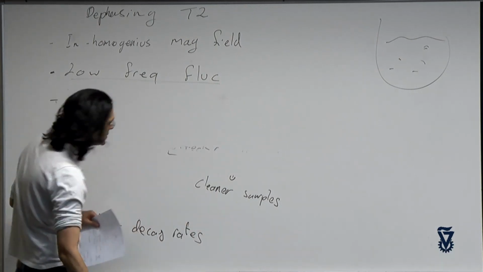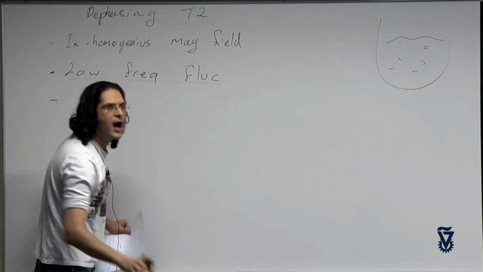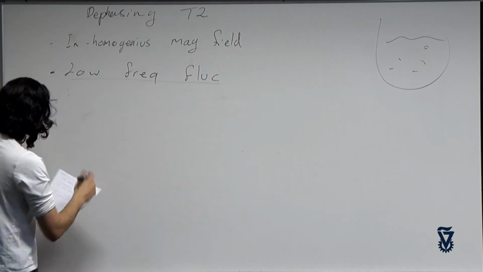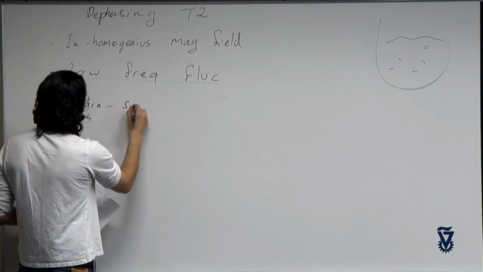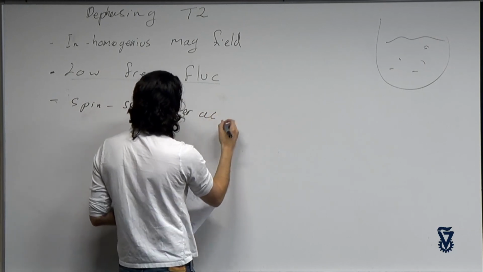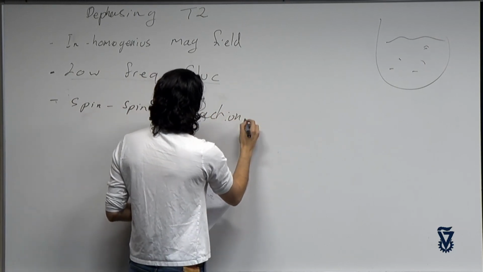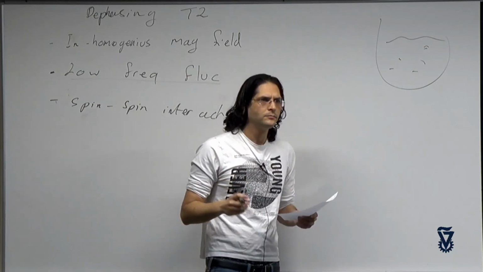Another two processes that occur have to do with higher frequency fluctuations, and these are spin-spin interactions. So the molecules are moving around.